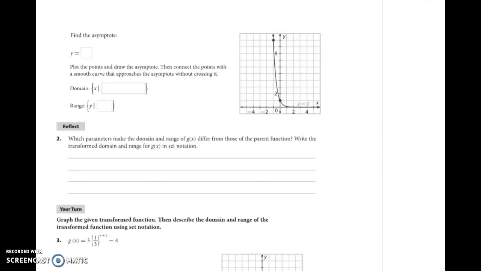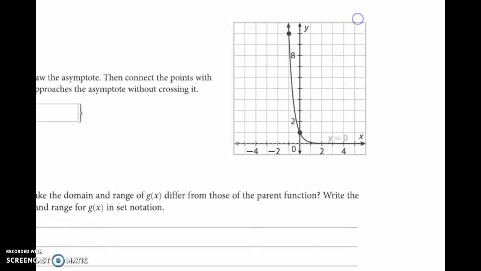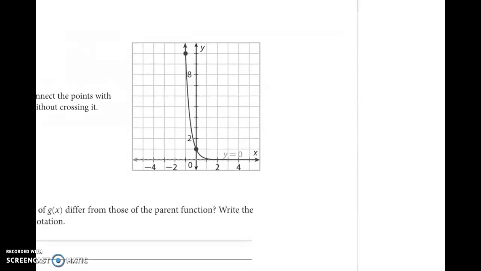So let's turn the page and graph them. The points that we are graphing were -2, comma, 7, and -3, comma, -2. So I go to -2, let's see, 1, 2, 3, 4, 5, 6, 7, so -2, 7, and then -3, -2.